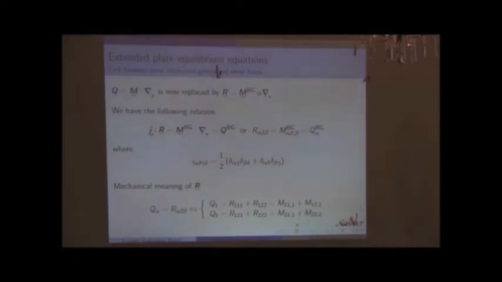So I need to distinguish all components of the gradient of the bending moment instead of taking only its trace, namely its divergence. I need to make this distinction to have a precise description of fields in the plate.